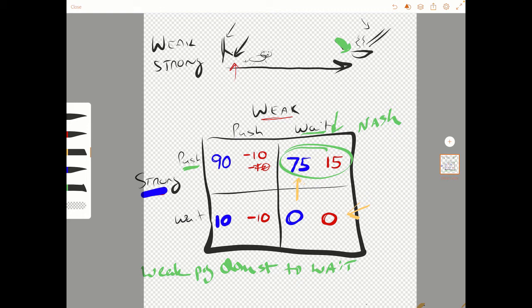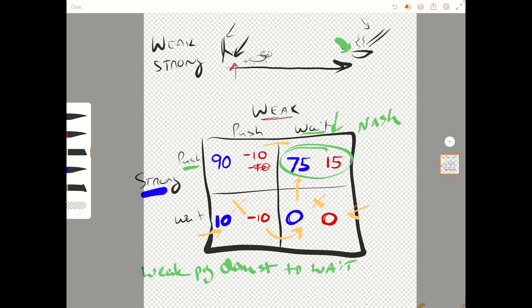If you are in this box, the strong pig could say, I'm going to push. That would improve himself. So this is not a Nash equilibrium. If you're in this box, the weak pig could say, well, I'm pushing now, I will move over here. That makes me better off. So this box is not a Nash equilibrium.